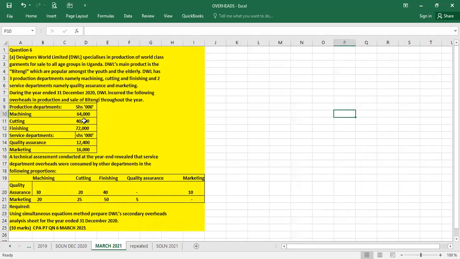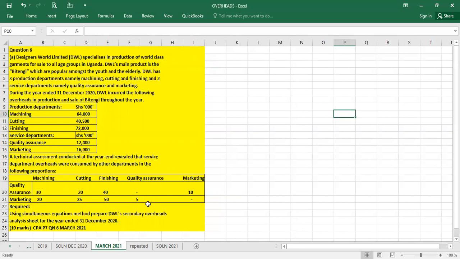We have these costs, they were given to us, and these are the ones we are going to be using as our appropriate basis of reapportioning these costs from the service department to the other production departments.